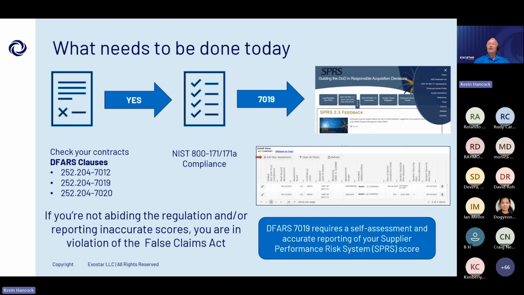But this shouldn't be much of a surprise, because this has been coming for a long time. The requirements to safeguard CUI in accordance with NIST 800-171 have been in place for quite a number of years.